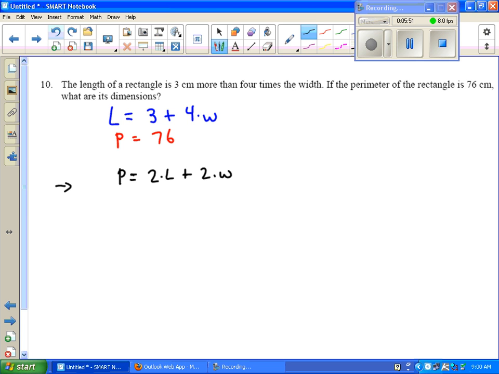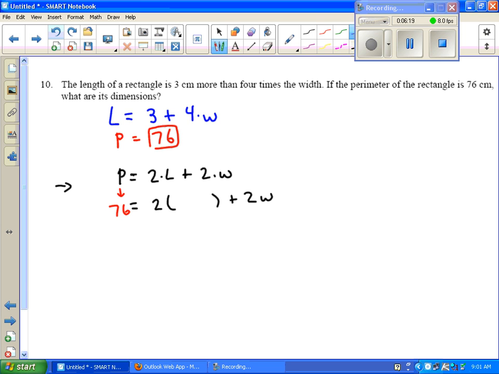All we're going to do at this point is plug in the values we have in order to find out what we don't have. So we'll leave everything in black that will stay the same, and we'll plug in everything else. If it says P equals 76, that means in place of P, we can plug in the number 76.